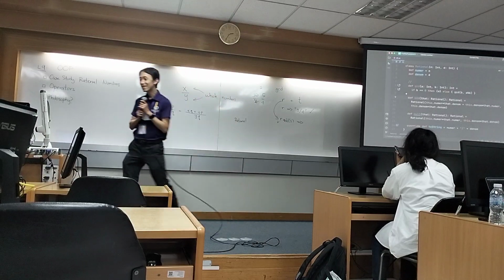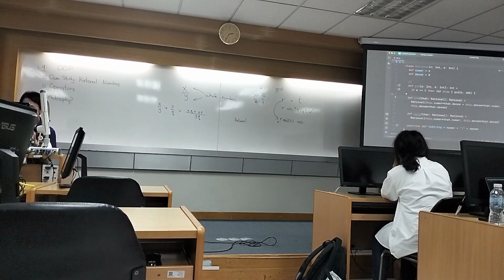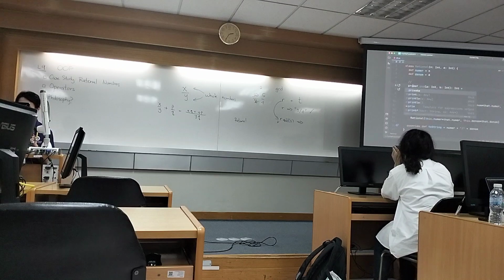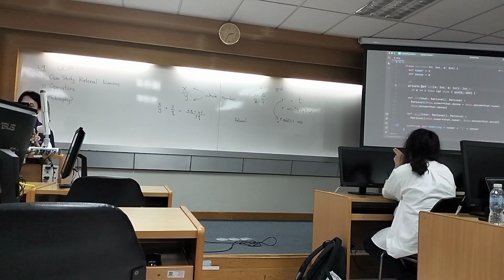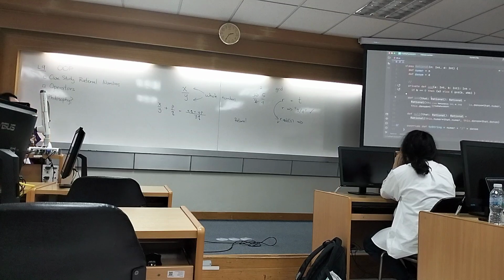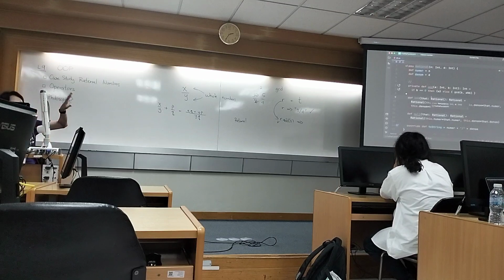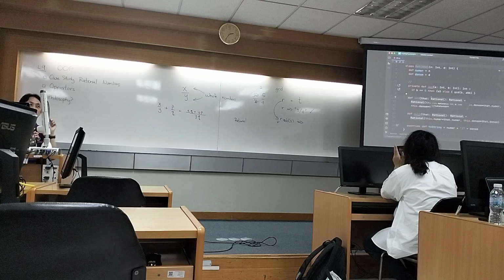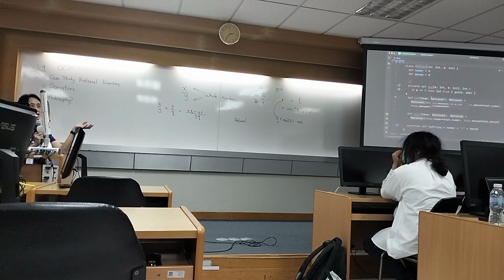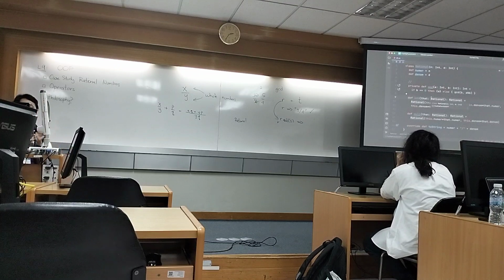Private. Guess what? That's exactly how we make it so in Scala. So we say private, define gcd to be blah blah blah. And in this way, gcd would not be visible to the outside. It's private to this class.